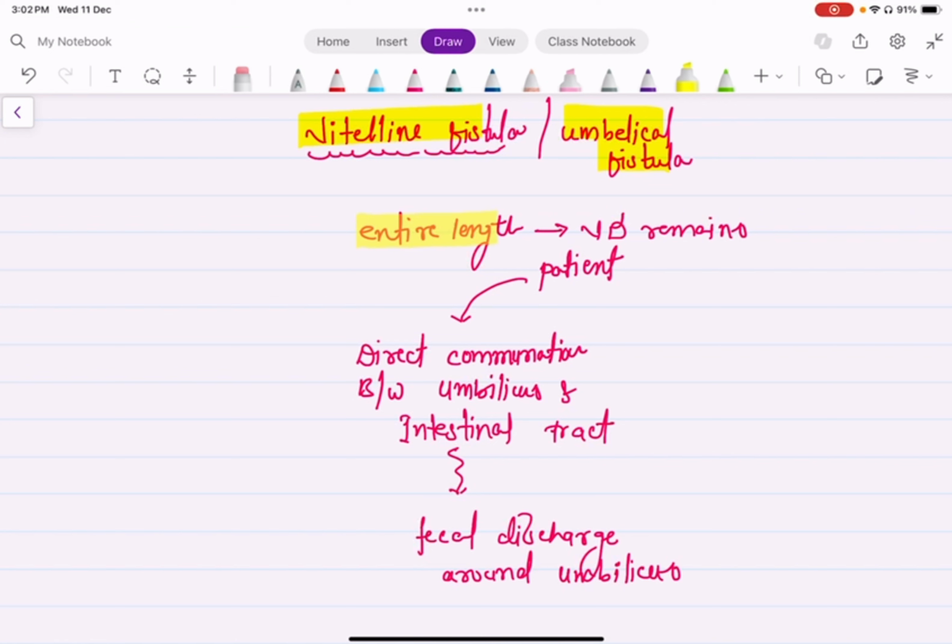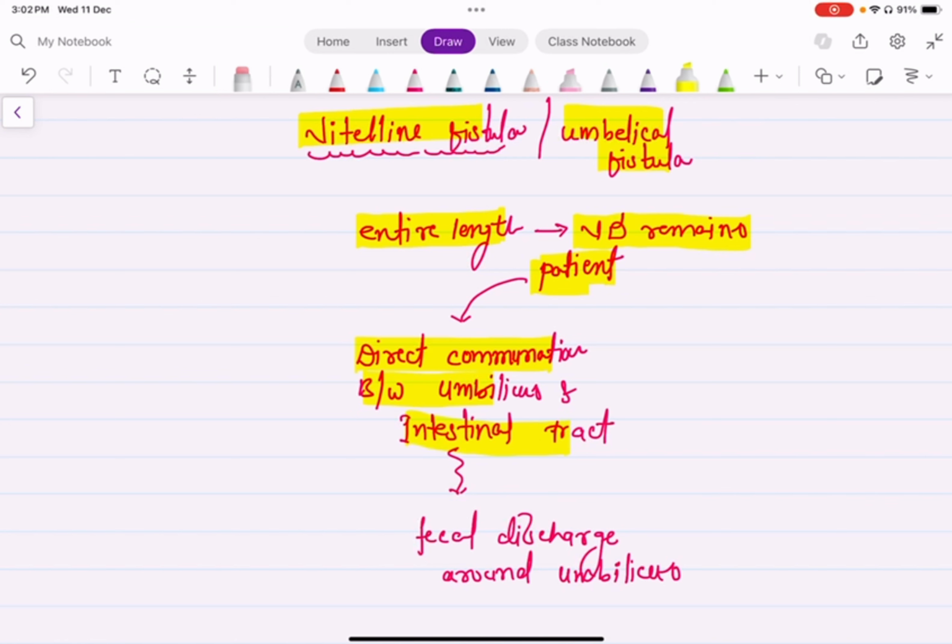Here the entire length of the vitellointestinal duct remains patent. In Meckel's diverticulum, only the proximal part of the vitellointestinal duct persists. In this, the total vitellointestinal duct remains patent, meaning open. So there will be direct communication between the umbilicus and the intestinal tract.